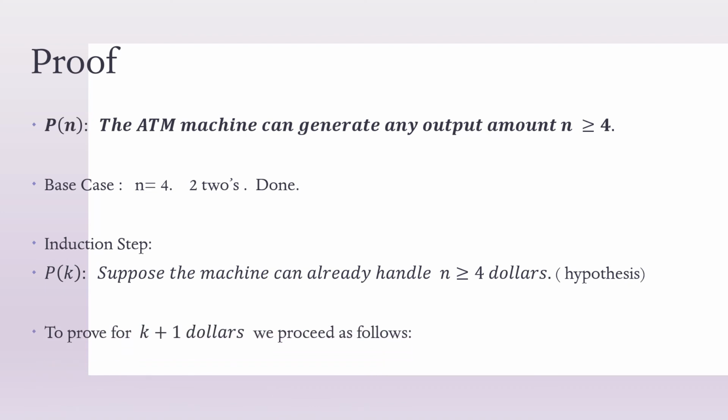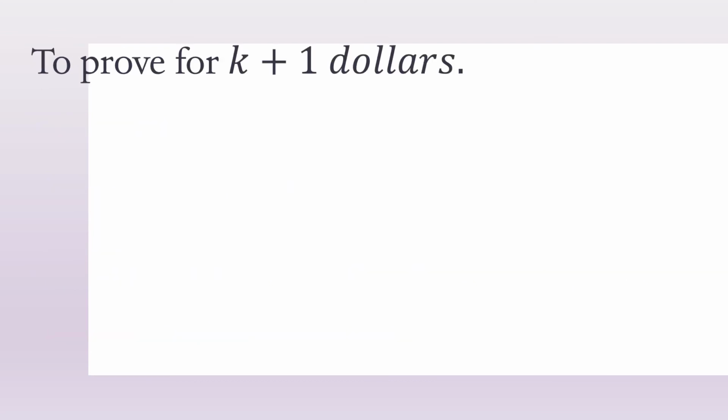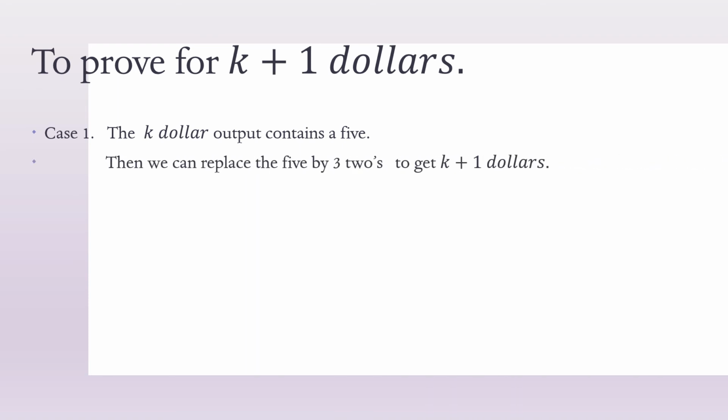So to prove for k plus $1, we proceed as follows. We divide this into two different cases. Case 1, let us assume that the machine contains a $5 bill. In which case, we can replace the $5 by 3 2's. So 3 2's will be 6.